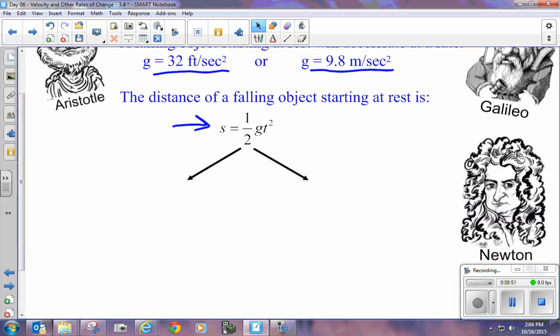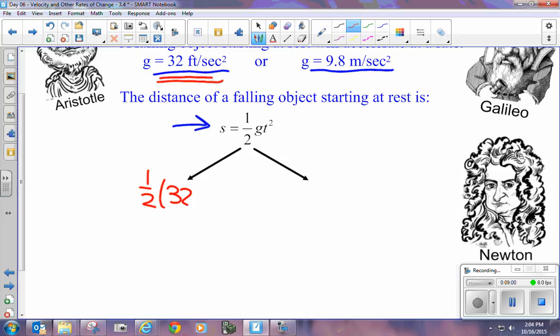Anyways, so if I take this, that's 1/2 times 32 times t squared, right? So that is 16. Now we used to do free falling in pre-calc or algebra 2. Then we always start with a negative 16t squared because gravity is a downward direction. That's what would make it negative.